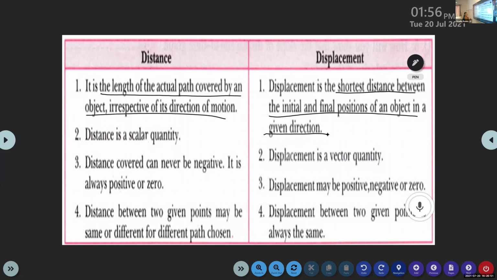So here the distance is a scalar quantity, but in the case of displacement, the direction is specified, so displacement is a vector quantity.